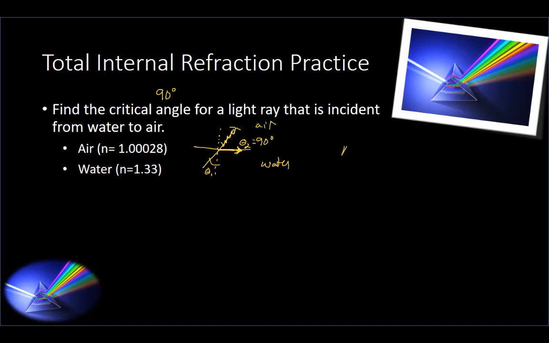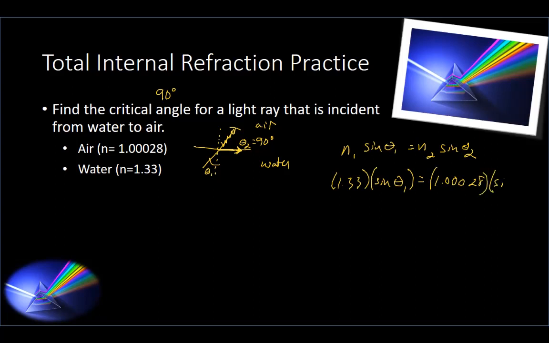So same equation. Equation hasn't changed. N1 sine theta 1 equals N2 sine theta 2. And then in this case, we know that our theta 2 is 90 degrees. So we have our N that we're starting at, which is 1.33 for water. We're trying to find that sine theta 1. What is that critical angle? Equals air, 1.00028, and sine theta 2, sine 90 degrees.